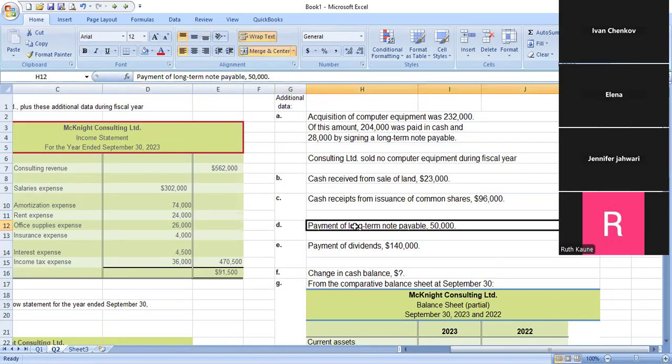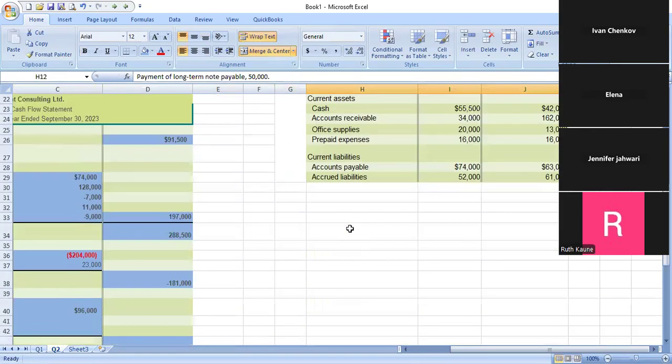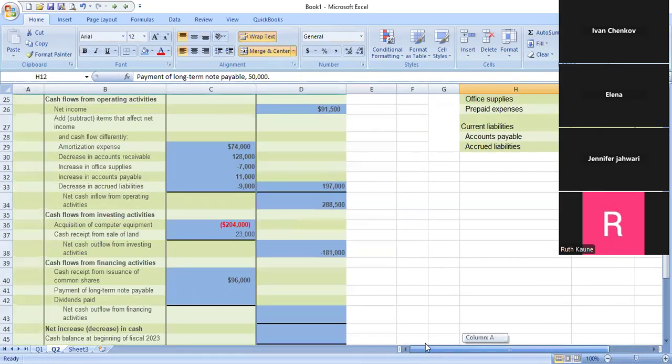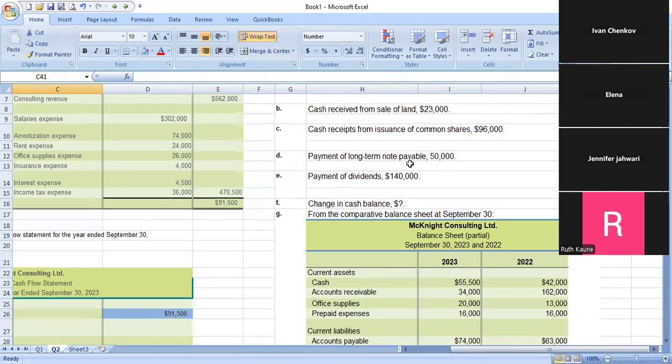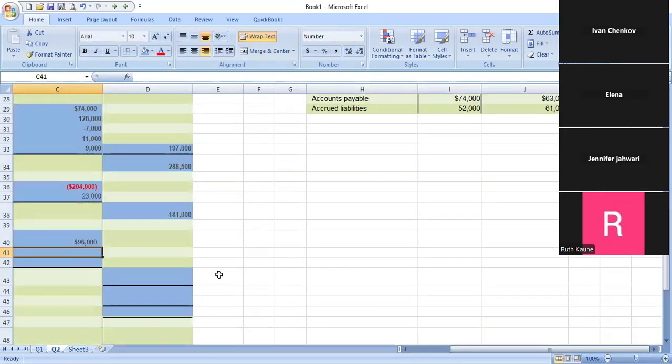So payment of the long-term note payable, 50,000. Even though it doesn't say cash, if you follow the format of the cash flow statement, it says payment long-term note payable, match it with the long-term note payable, 50,000, negative 50,000. Just don't forget which one is positive, which one is negative.